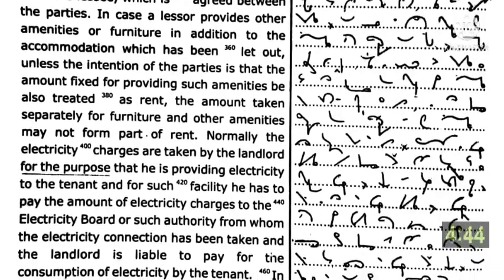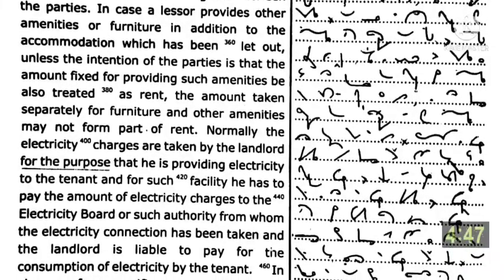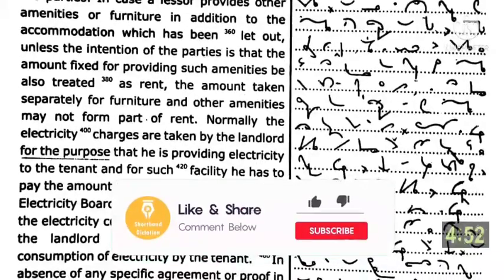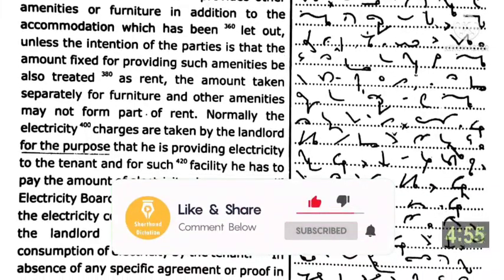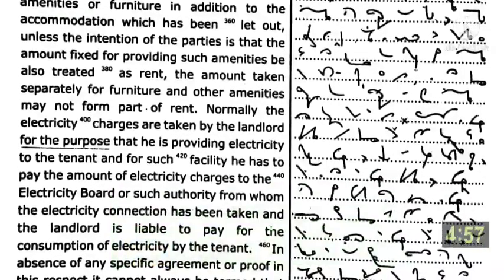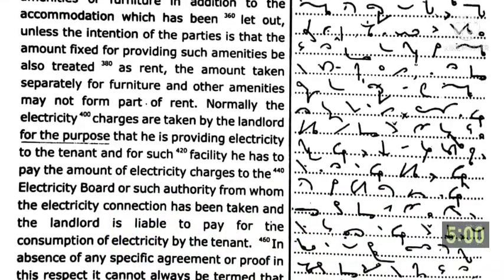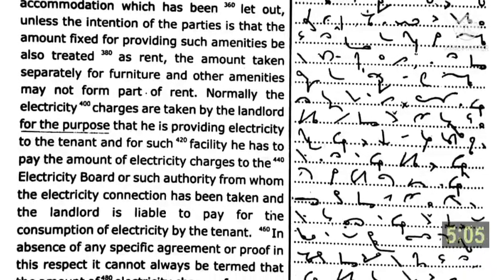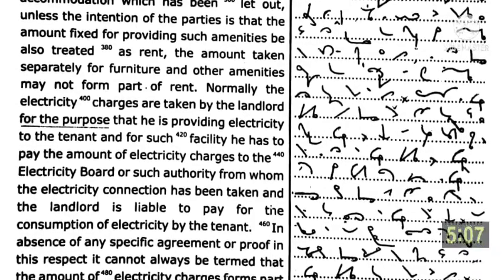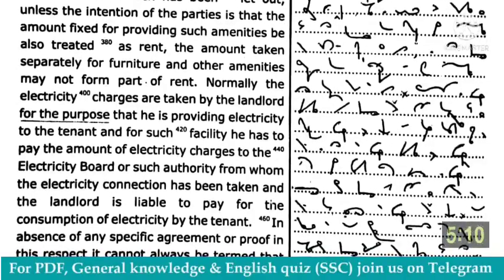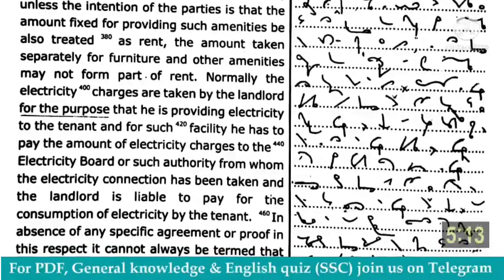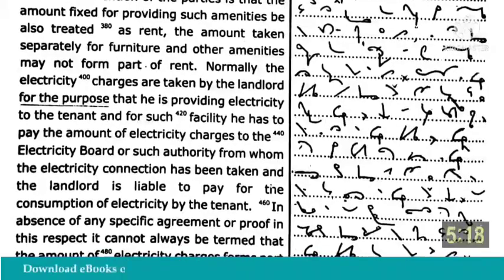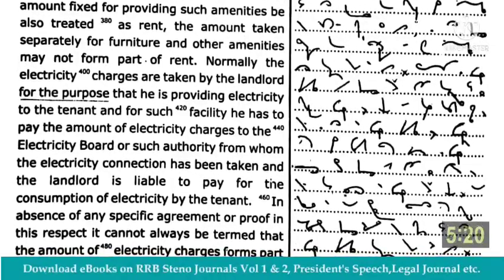Normally, the electricity charges are taken by the landlord for the purpose that he is providing electricity to the tenant, and for such facility he has to pay the amount of electricity charges to the electricity board or such authority from whom the electricity connection has been taken, and the landlord is liable to pay for the consumption of electricity by the tenant.